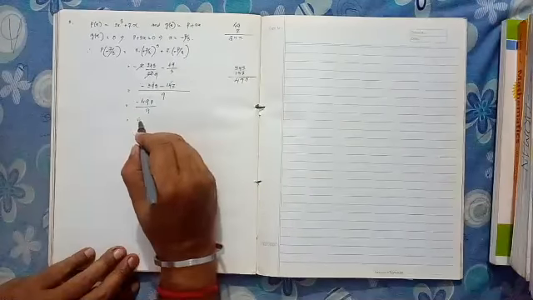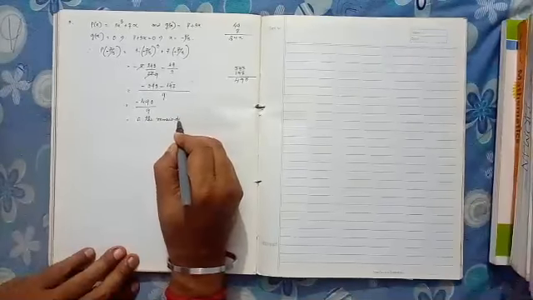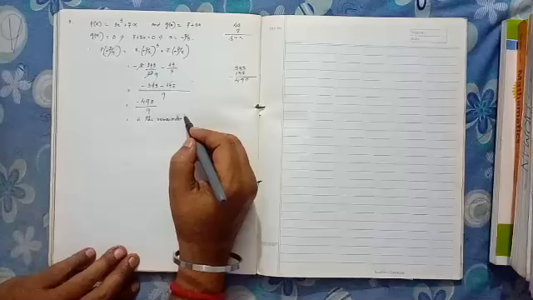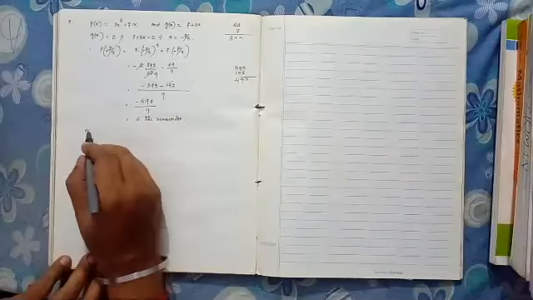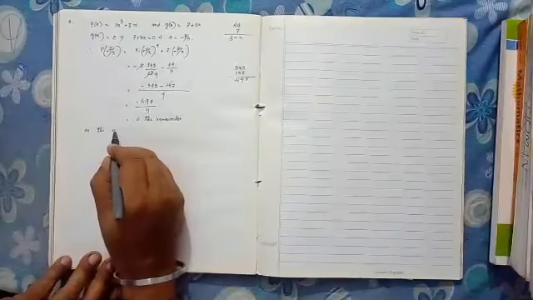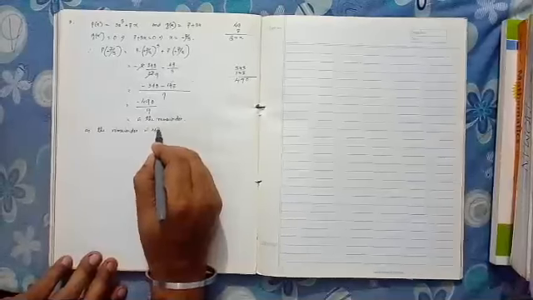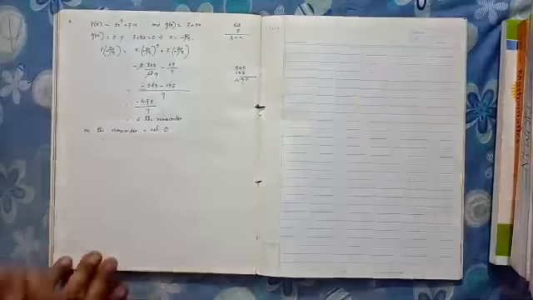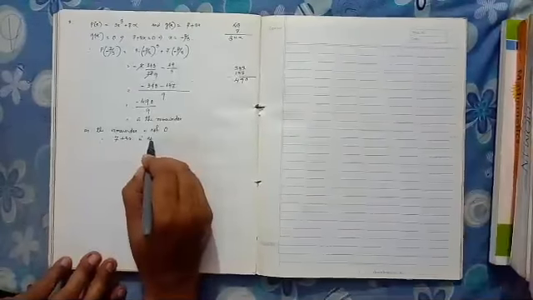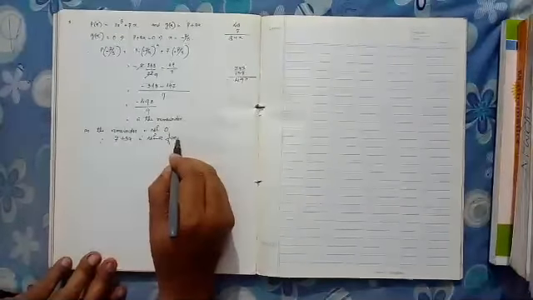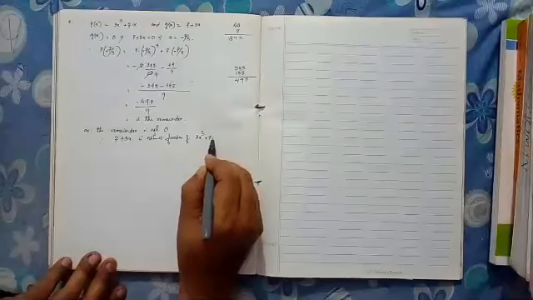Now, as the remainder is not 0, therefore 7 plus 3x is not a factor of 3x cube plus 7x.